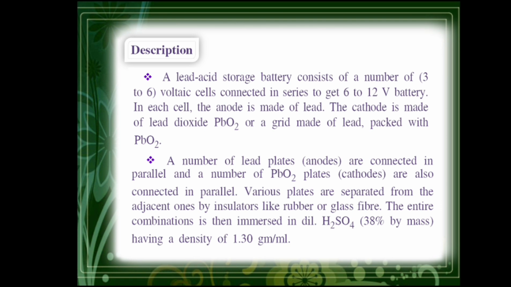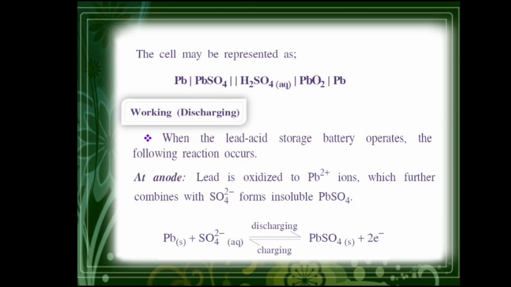A number of lead plates are connected in parallel, and a number of lead oxide plates, taken as cathodes, are also connected in parallel. Various plates are separated from the adjacent ones by insulators like rubber or glass fiber. The entire combination is then immersed in dilute sulfuric acid having a density of 1.30 gram per milliliter.